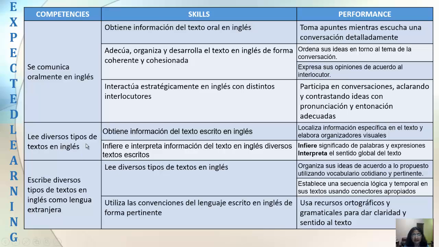The same happens with the second competence. We have selected from our national curriculum design. Okay. This one is a little bit different from the last one because I did it with the draft of the final copy from the National Curriculum Design, but in essence it's the same. Okay.